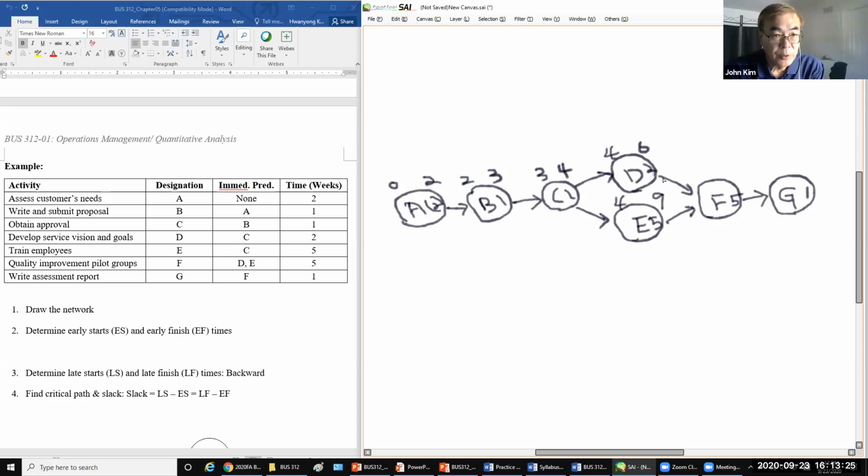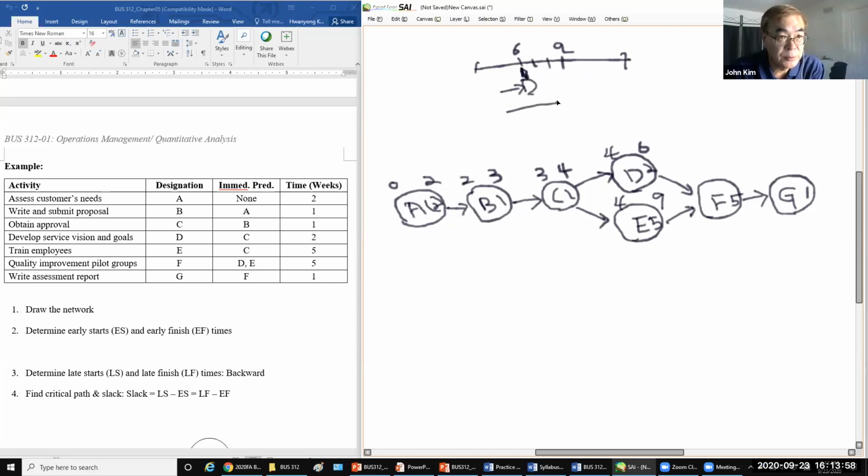When 2 or more activities combine, and then the next one, in the timeline, if it is 6 here, week 6, and 7, 8, 9 here, then activity D finishes at week 6, but E is still working.